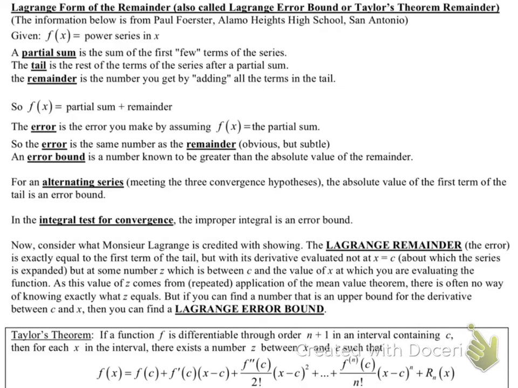So here we go. We are now in the Lagrange form of the remainder, also called the Lagrange error bound or Taylor's theorem remainder. The information that you see in front of you is by Paul Forrester. Oh, that's really messy, isn't it? Paul Forrester is a really super nice man who has now retired, but just recently he was still teaching at Alamo Heights High School in San Antonio up until about 2 or 3 years ago. He has several textbooks on the market.